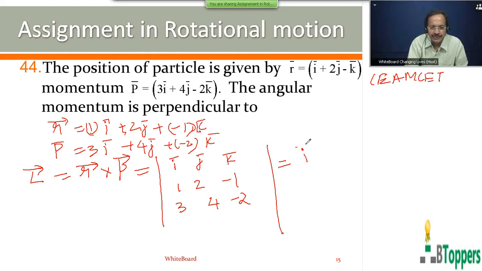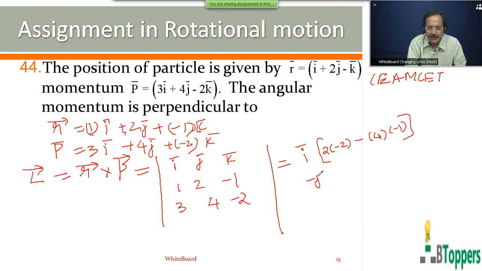So you can expand this, you get I bar into, delete the first row and first column. So multiply these two, 2 into minus 2 minus of 4 into minus 1.